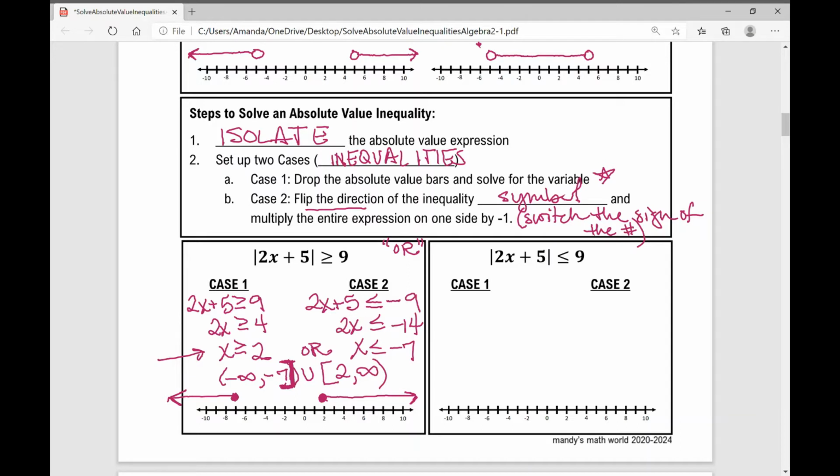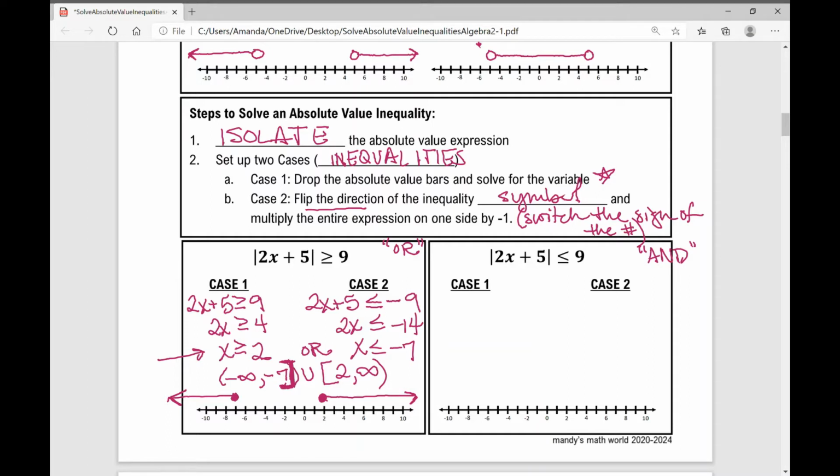The absolute value of 2x plus 5 is less than or equal to 9. This is going to be an AND example. This really helps me whenever I'm solving problems, because at the end, when you solve for your solutions, you can ask: does it make sense? This is supposed to be an AND example, not an OR example.